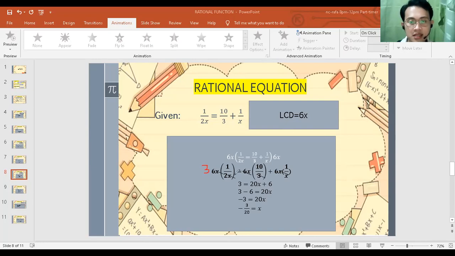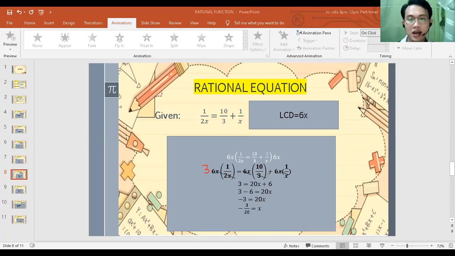And after that, on our right side, we have 6x times the expression of 10 over 3. As you can see, we have 3 and 6. It's divisible to one another. Okay, if you're asking, sir, can I cancel out 6x and 10? No, you can only cancel out diagonals.